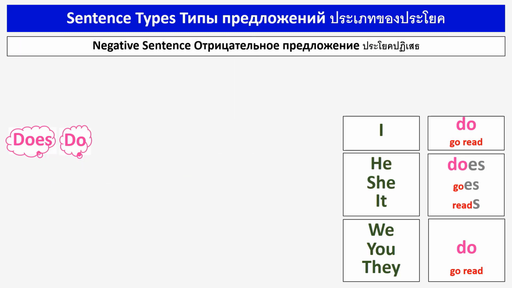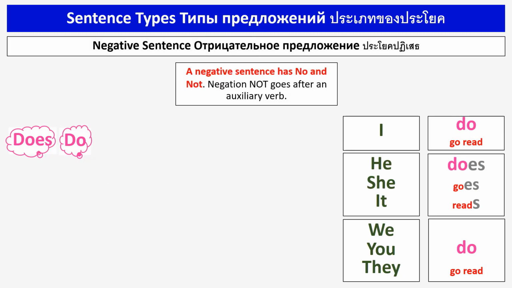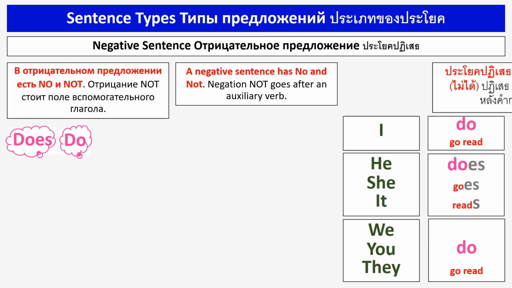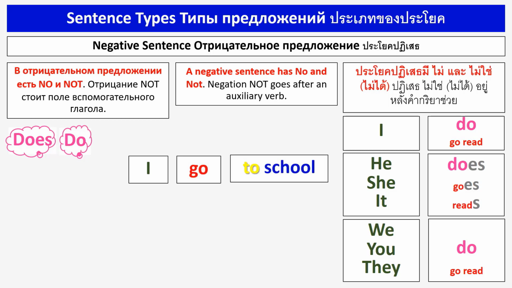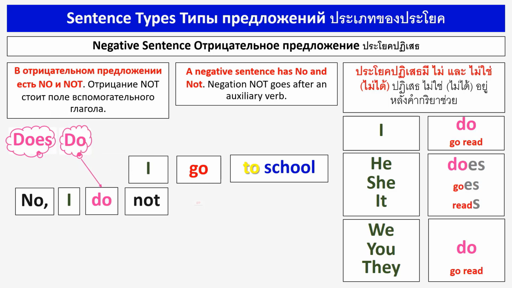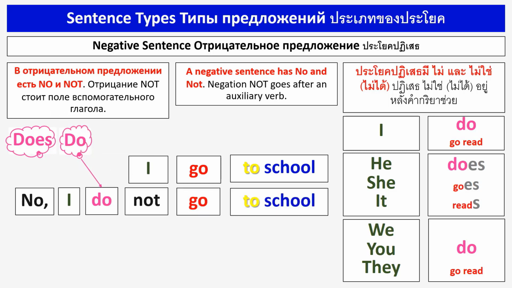Negative sentence. A negative sentence has no and not. Negation, not, goes after an auxiliary verb. I go to school. No, I do not go to school.